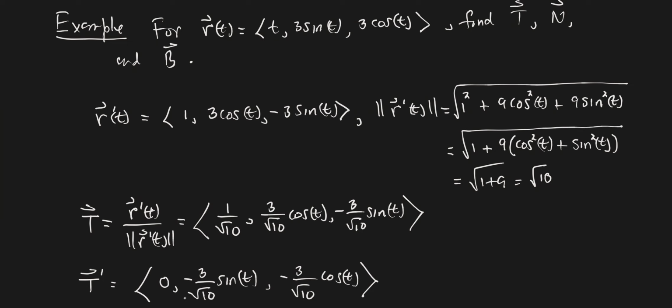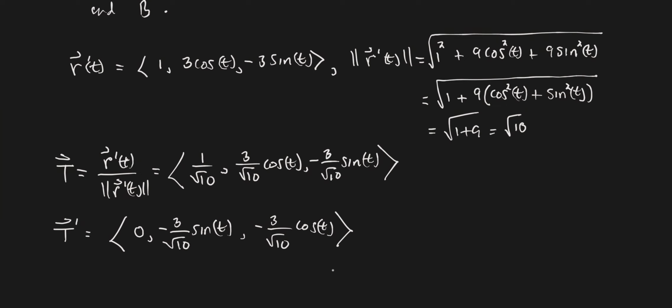All right. But I can't say that this is our unit normal vector. It is normal, but I don't know if it has magnitude 1 or not, right? Well, how do I figure that out? Well, I find its magnitude. So again, right beside it, I'm going to compute the magnitude of T prime.